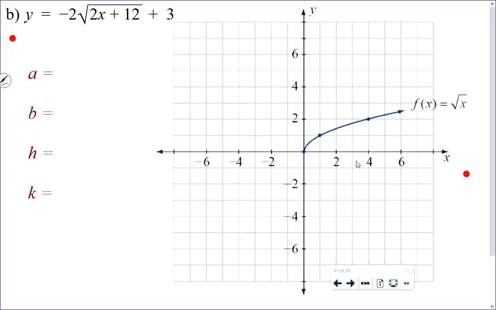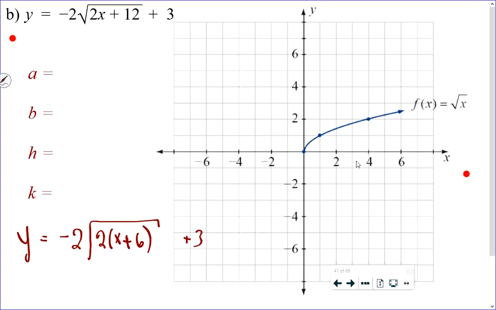I'm actually quite impressed that most people are getting h right. You're remembering that we have to factor that 2 out. So when I take that original function and rewrite it, I can write negative 2 square root, factor the 2 in front of the x out and be left with x plus 6, and then plus 3 afterwards.